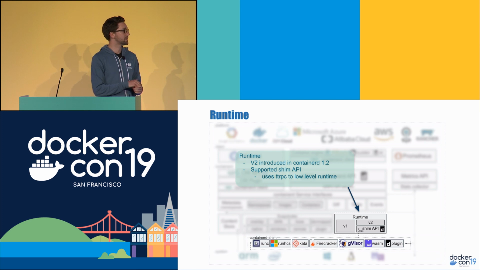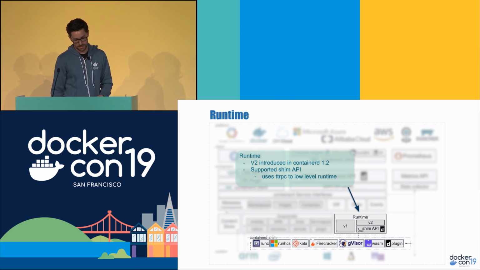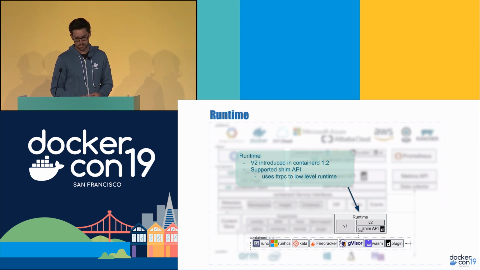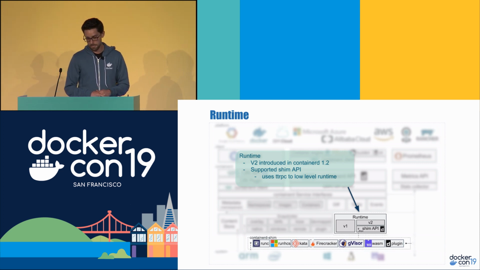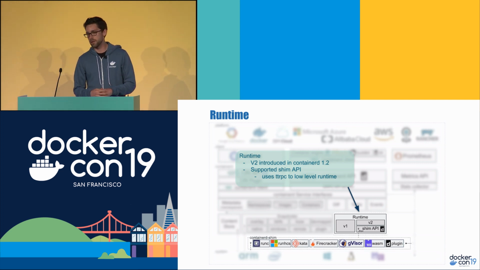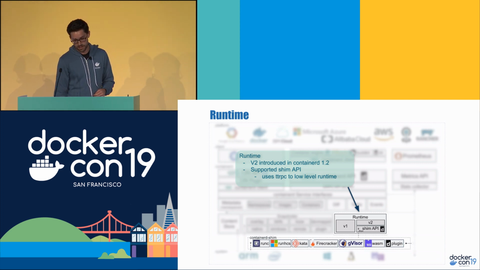So runc is one implementation, but we also have runhcs that the team at Microsoft is working on, Kata Containers, Firecracker. If you went to the talk two days ago, there's a good talk explaining Firecracker and how it integrates with containerd. gVisor, which you'll also hear about more later.